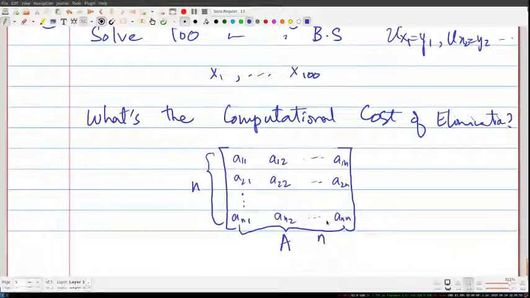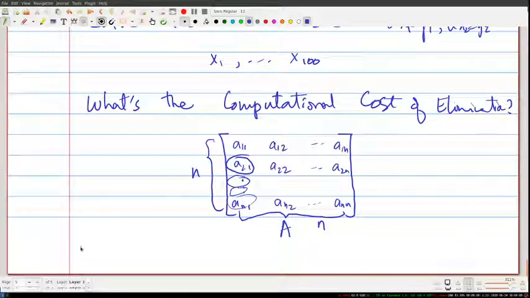That's the matrix. So what's the first step of this elimination process? The first step is getting rid of all of these entries below the first pivot, so firstly, I eliminate n minus 1 entries. What's the second step? When you reach this point, you need to eliminate n minus 2 entries.